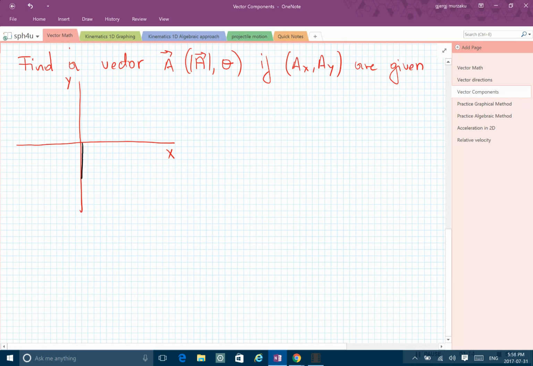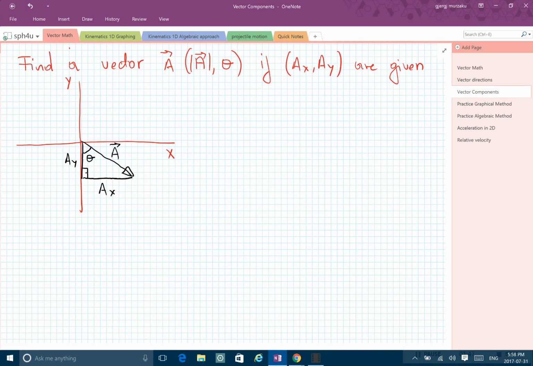This is AY and AX, then this is the actual vector. So we're looking for the magnitude of the vector, which means the hypotenuse in this right angle triangle, and some angle for a direction, either with the y-axis or with the x-axis. It doesn't matter. It's just a matter of choice. All right, so let's start.